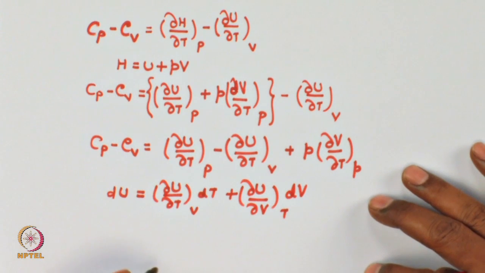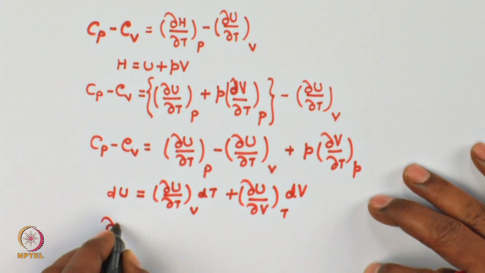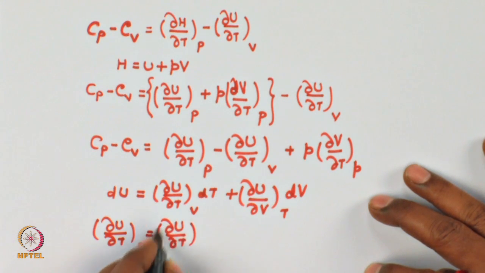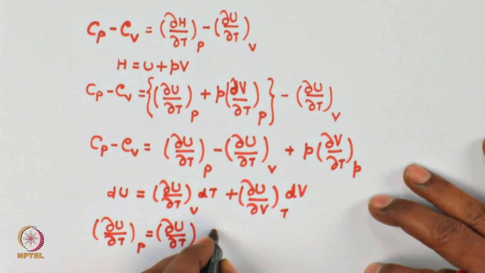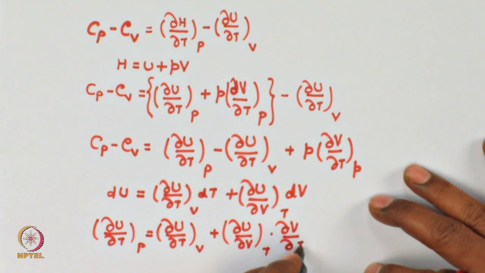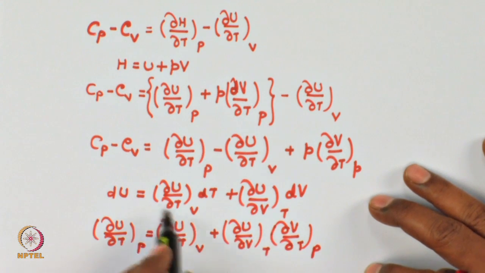And from this I can write the variation of internal energy with respect to temperature at constant pressure is equal to the variation of internal energy with respect to temperature at constant volume plus the variation of internal energy with respect to volume at constant temperature into the variation of volume with respect to temperature at constant pressure. I have divided throughout by dT at constant pressure.